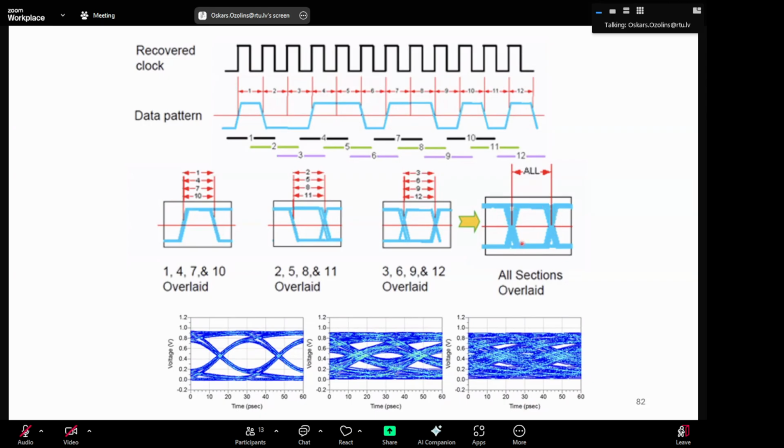It's called an eye diagram because this part is called an eye opening, and there can be different representations. Here you show two eyes, so one eye is partially shown, but one eye is centered in the middle.